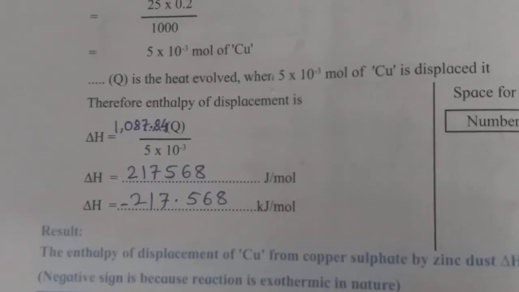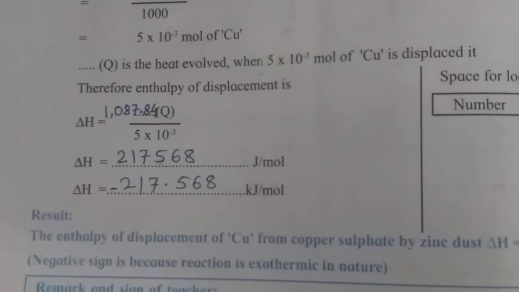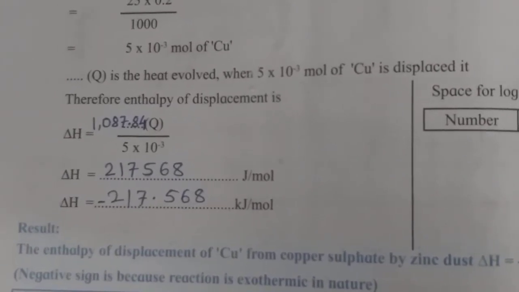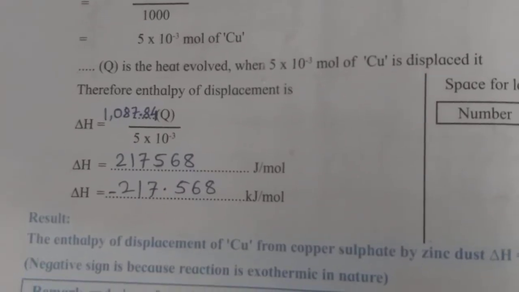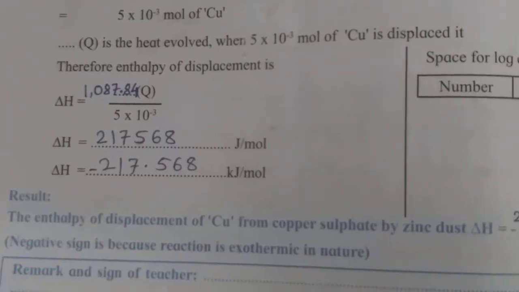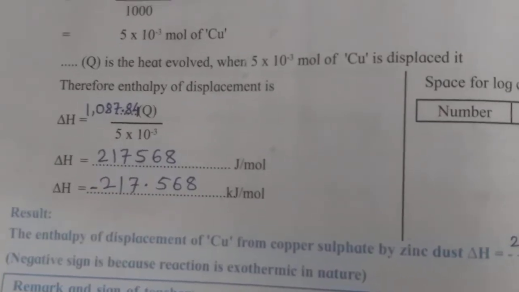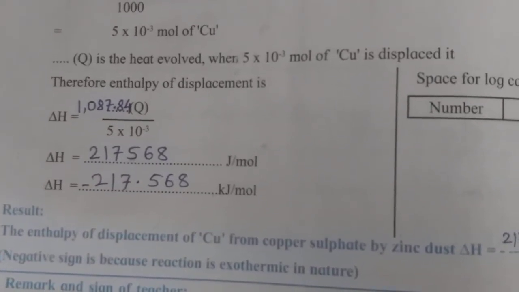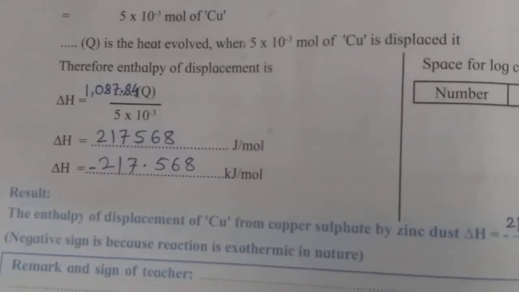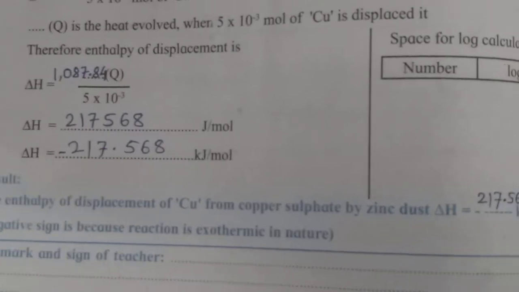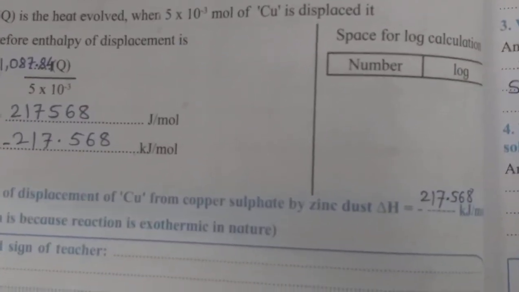That value in joule per mole is 2,17,568, and by dividing by 1000 we convert it into kilojoule, that is minus 217.568. The minus sign means heat is evolved, because the bottle becomes hotter and the temperature increases here.